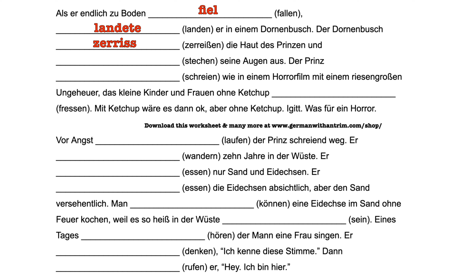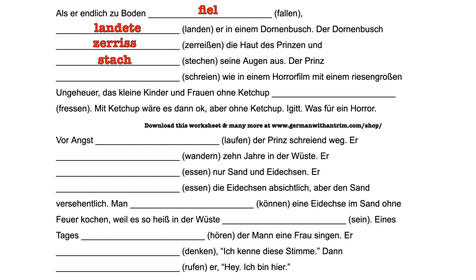Stechen is an irregular verb and changes to stach in the simple past. There's no ending here again because we're still using the er/sie/es form for the Dornenbusch. Und stach seine Augen aus. Der Dornenbusch zerriss die Haut des Prinzen und stach seine Augen aus. The thorn bush tore his skin and poked out his eyes.